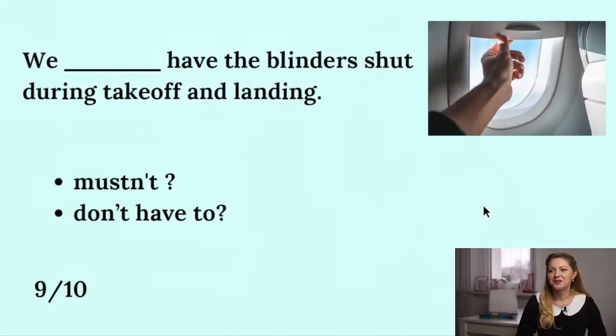If we close them, it is not safe, only during takeoff and landing. So takeoff is when we fly up in the sky, and landing is when we come down on earth to the ground. So we have the blinders shut.